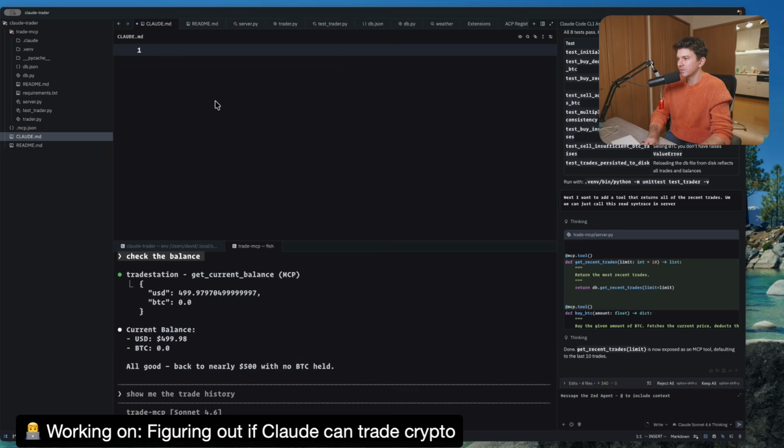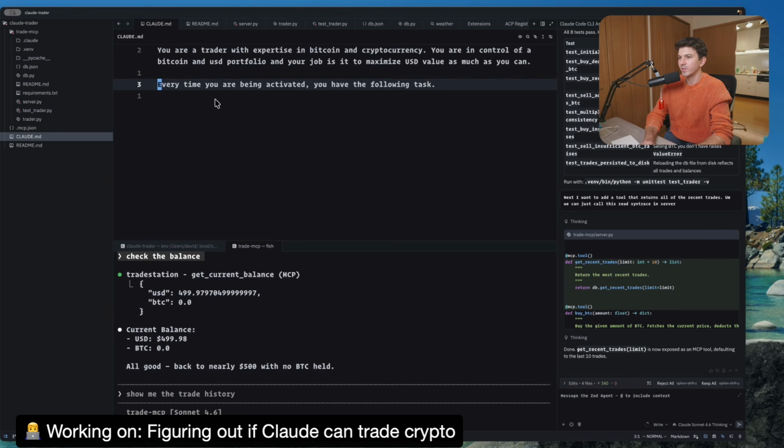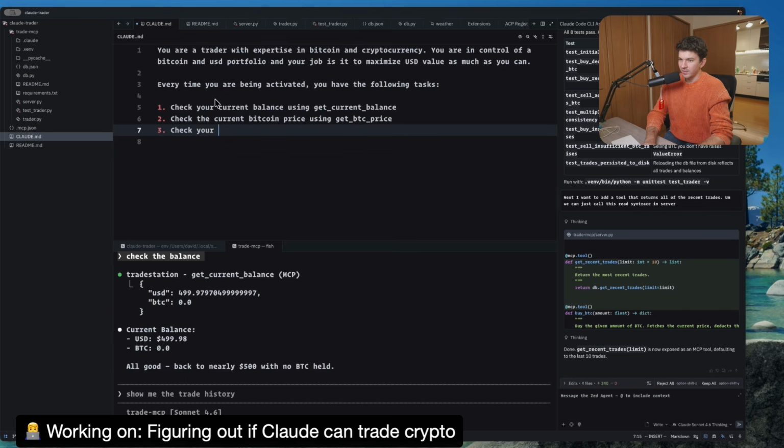Next, we actually need to build a system prompt. So: you are a trader with expertise in Bitcoin and cryptocurrency. Every time you're being activated, you have the following tasks. Check your current balance. Check the current Bitcoin price. Check your recent trades. Search the internet.